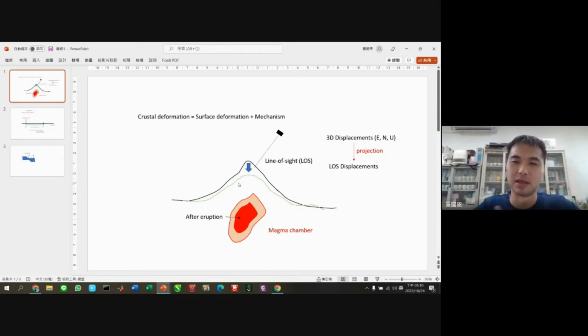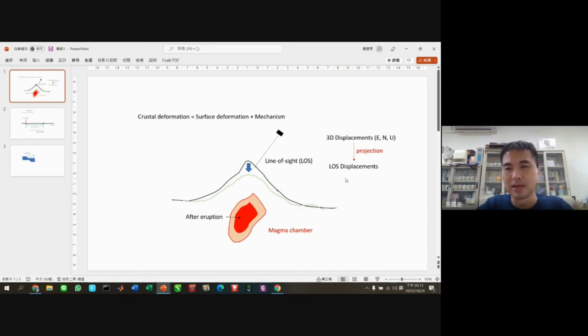So we could calculate the vertical, the U component, and the east displacement. However, this conversion or projection may lose some information. So the better way for us to understand is to project the three-dimensional displacement into line of sight displacement.